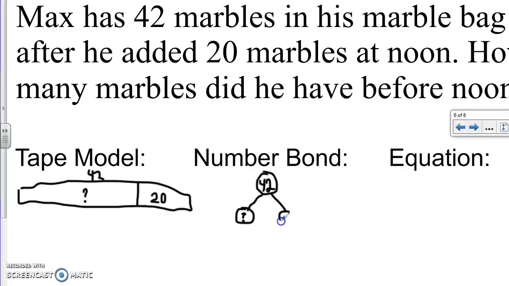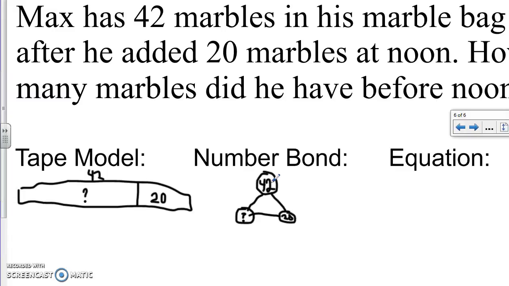We do know that the other part is 20. So if we know the whole, which is 42, and we know one of the parts is 20, we know that the missing part, we must be able to add to 20 to get 42, which is the whole amount.